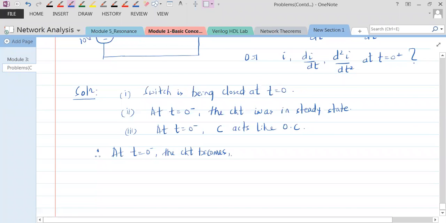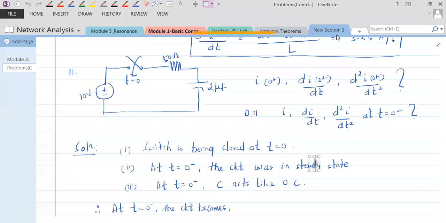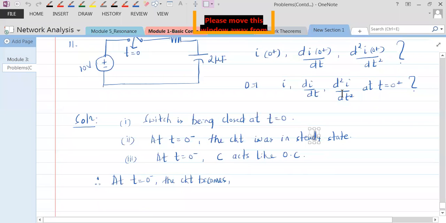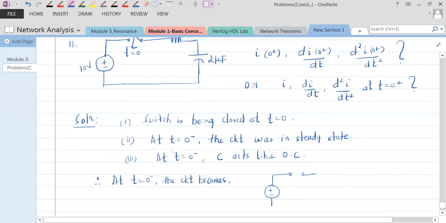Can you write it now yourselves? The circuit looks like what? At t equal to 0 minus, the switch is open, right? Then we have a resistor of 50 ohms.